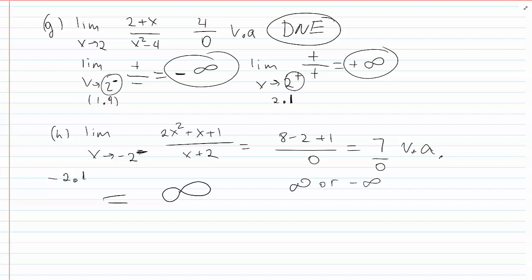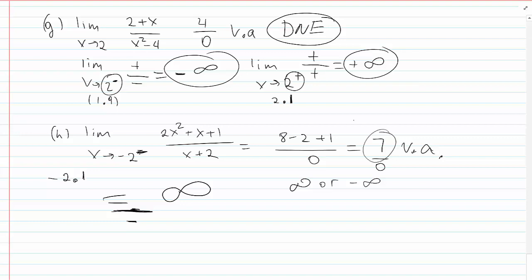Negative 2.1. The denominator will be negative, while the numerator, negative 2.1 squared, would be positive, about 4, and 4 times 2 is 8. Well, why am I doing this?